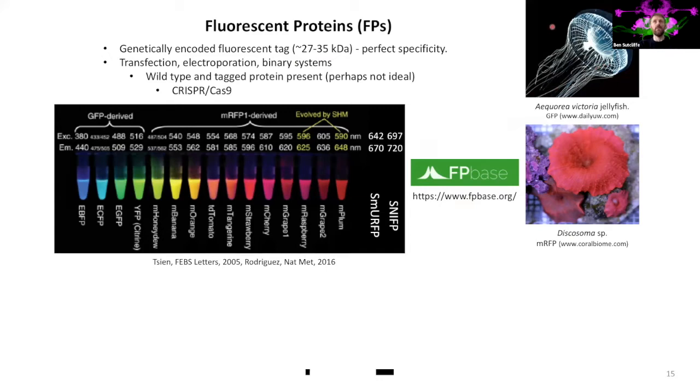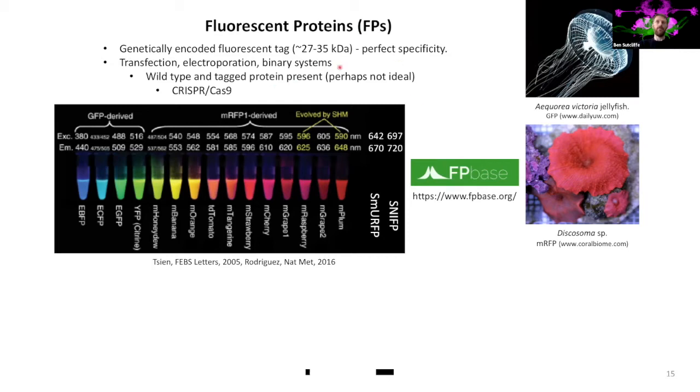How you use these is you express them as a tag onto your protein of interest. So you have to do some transgenics here. You isolate your protein code, and you add a fluorescent protein tag on the end, similar to adding an epitope tag, and then you add that construct back into the cells of interest, and you can see where it goes.